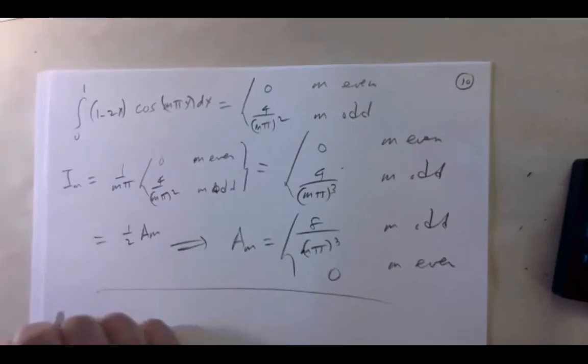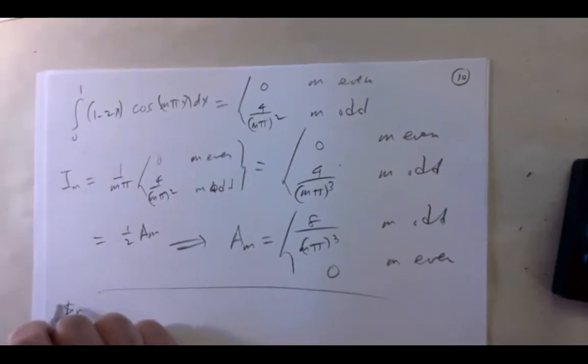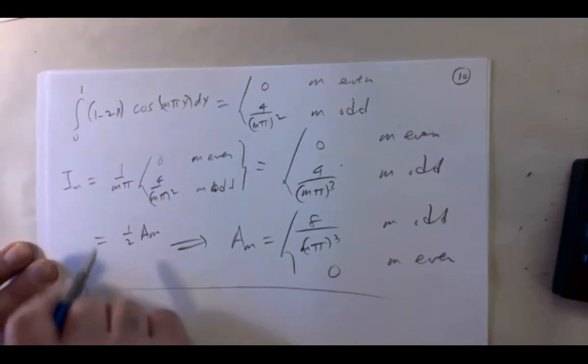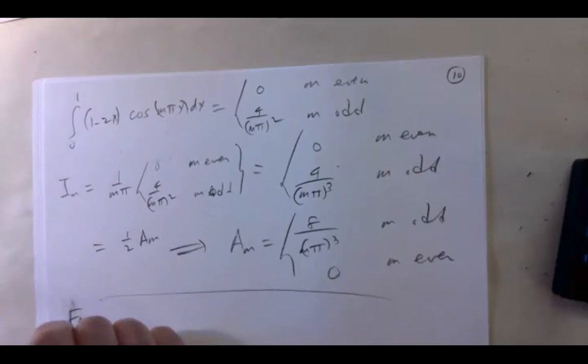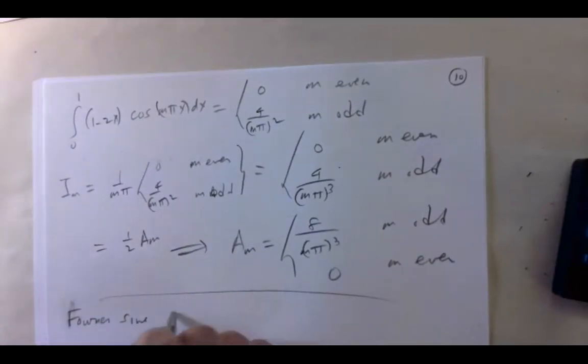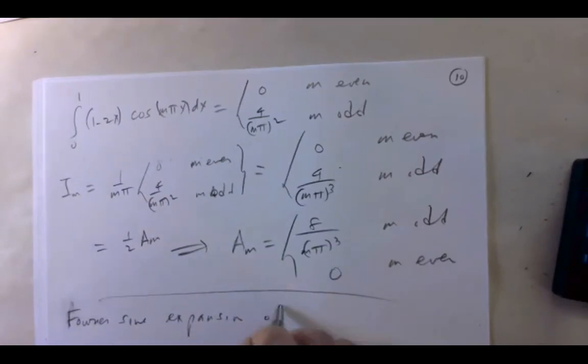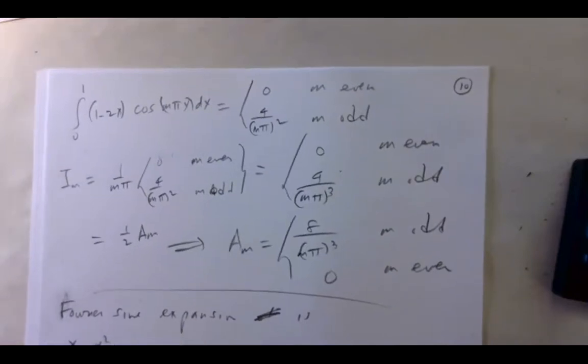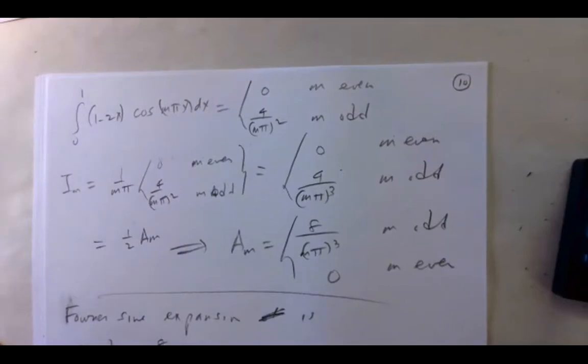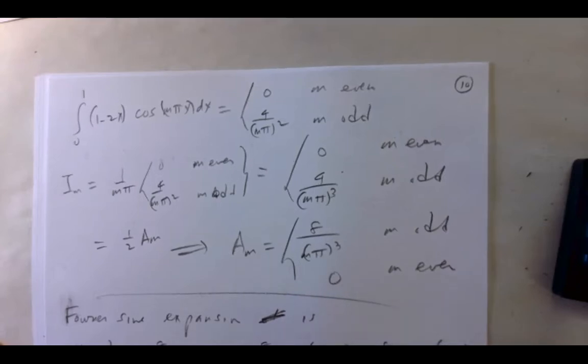So this says that the Fourier sine expansion is x minus x squared equals, when m is odd, 8 over pi cubed sine pi x plus 8 over 3 pi cubed sine 3 pi x plus 8 over 5 pi cubed sine 5 pi x, and so on.